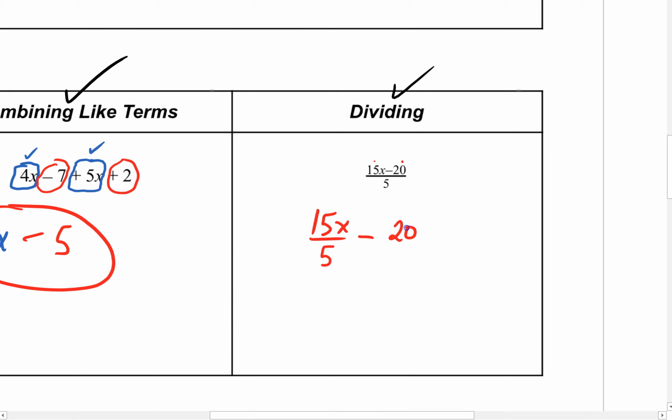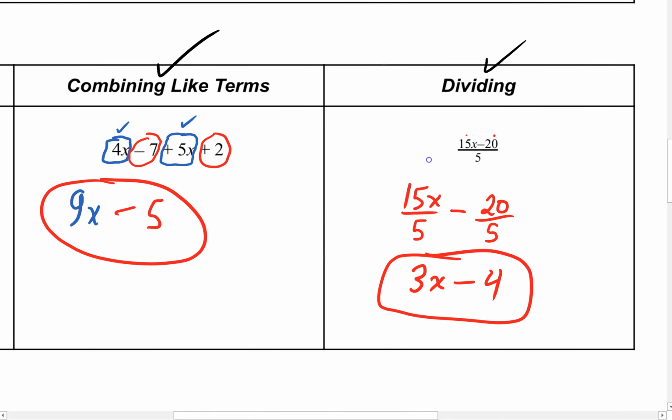And we also have this 20, the second term. It's also being divided by 5. Both of those terms up on top are being divided by 5. And we can separate that into two distinct terms and then simplify. 15 divided by 5 we know is 3. That's a 3x. 20 divided by 5 is just a 4. So we'll have 3x minus a 4.